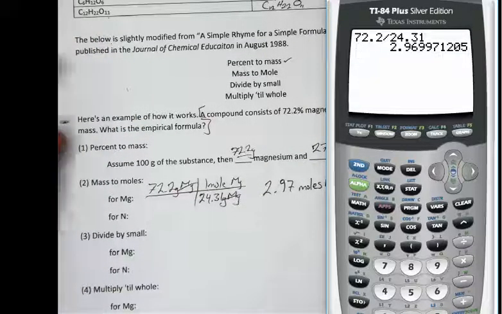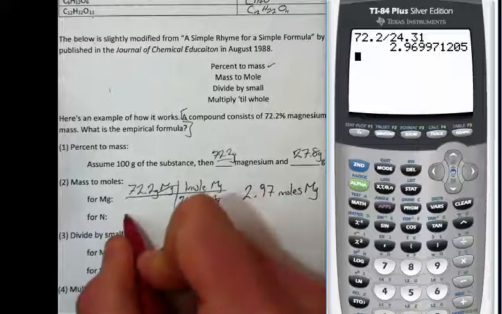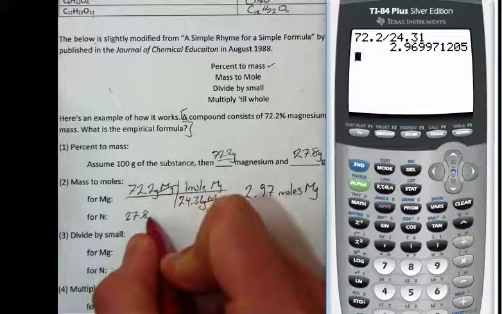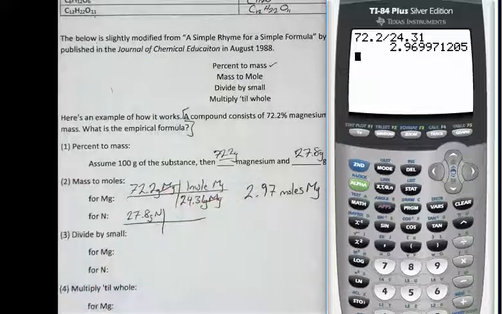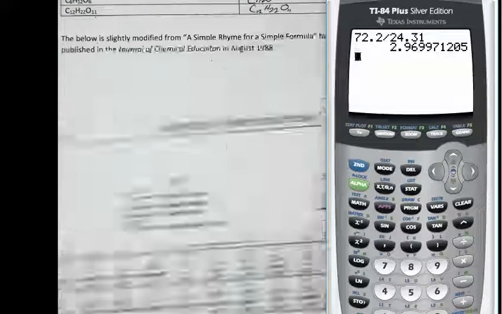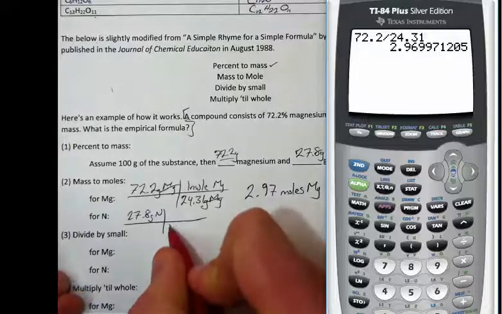Next, we're going to do the same thing for nitrogen. We start with 27.8 grams of nitrogen. Put our molar mass to convert to moles. We have 14.01 grams per 1 mole of nitrogen.